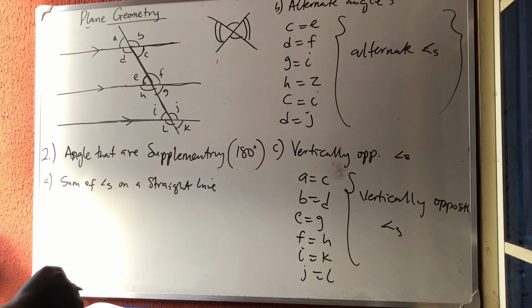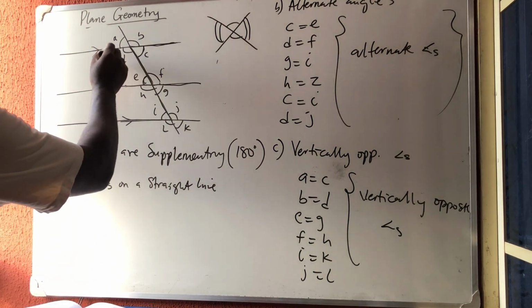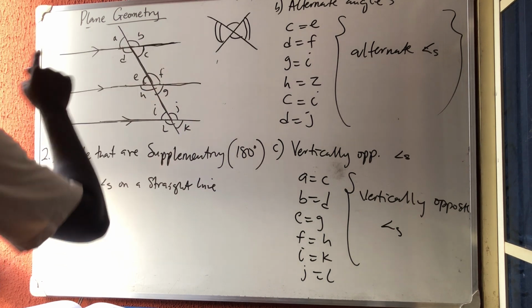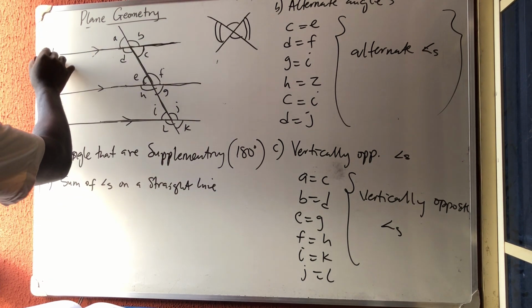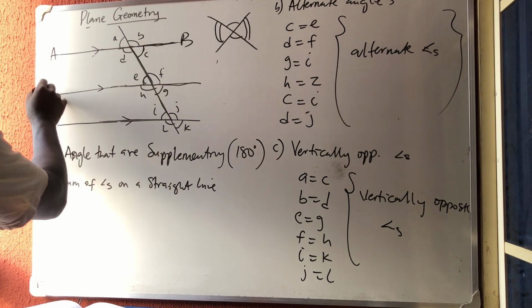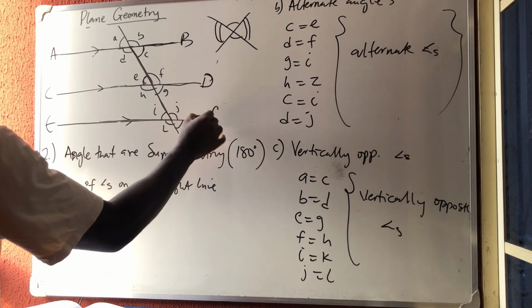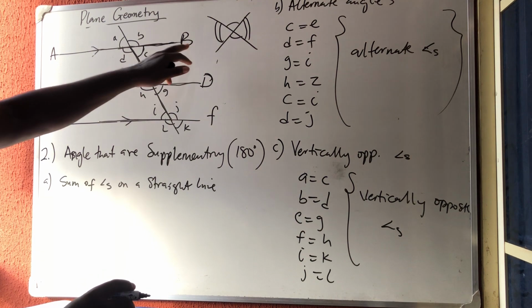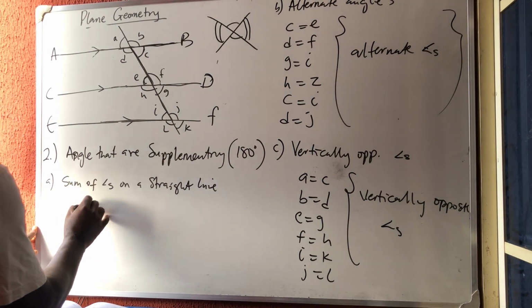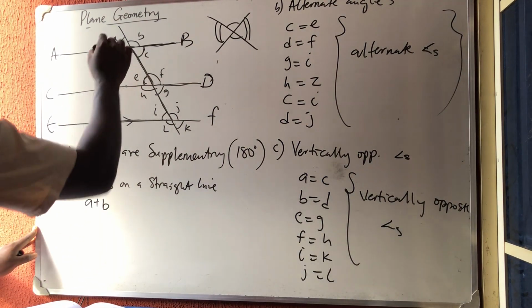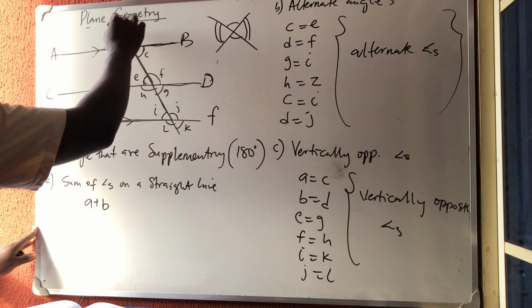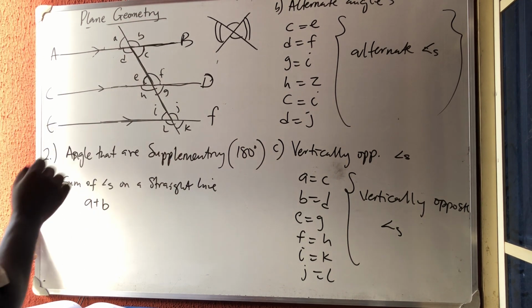So now let's look at the first straight line we want to consider. If you consider this straight line, straight line AB, straight line CD, straight line EF. So if I consider straight line AB, we will see that if you add A plus B, it will form a semicircle. Anything that forms a semicircle is angles on a straight line.